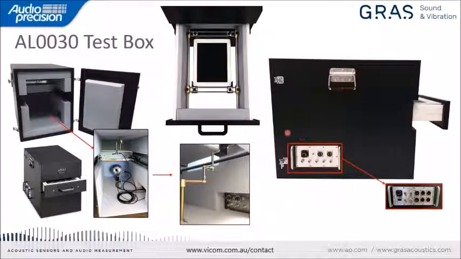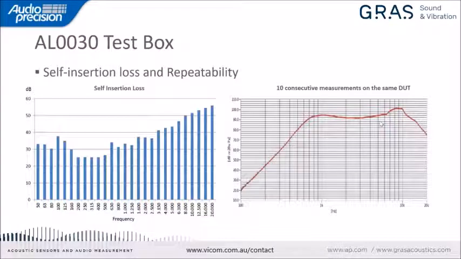And on the side, we can see that we have a connector panel. This panel can be customized with different types of connectors, and it is used to interface whatever element is inside the A30 with the analyzer or data acquisition system placed outside the test box. The A30 is basically built to provide a decent insertion loss, so we can avoid the background noise in the room affecting the quality of our measurements.